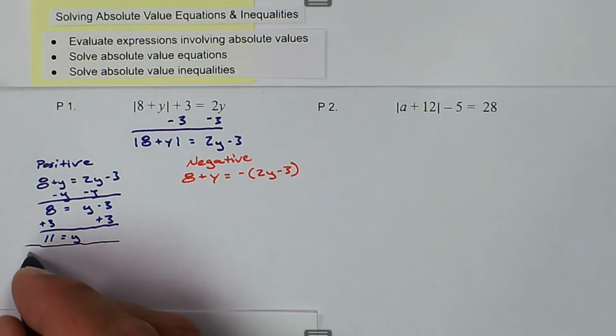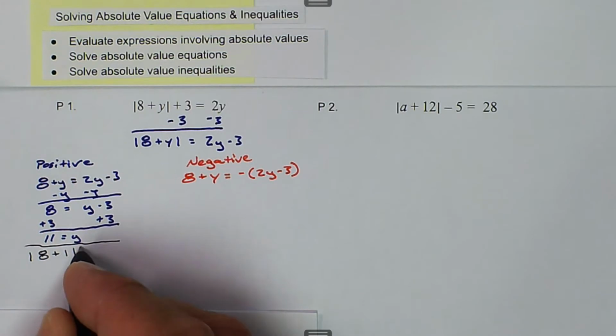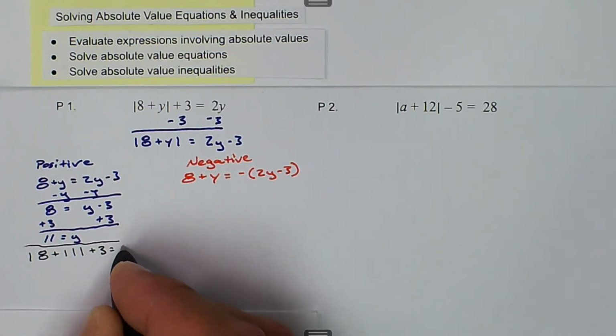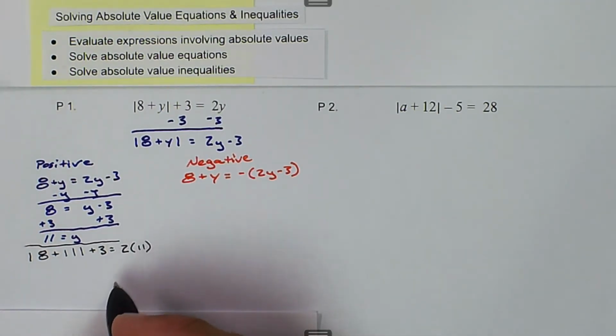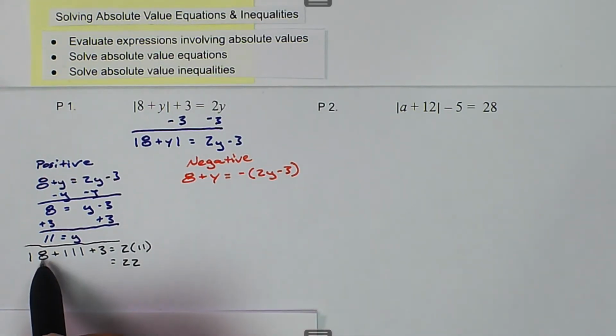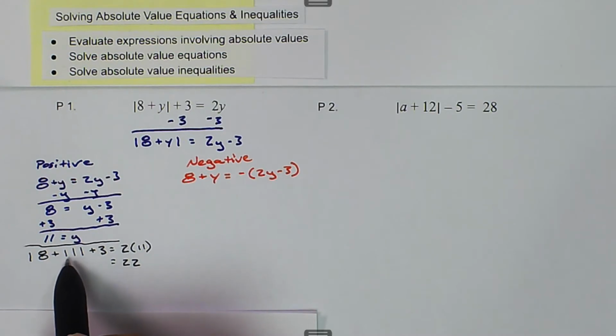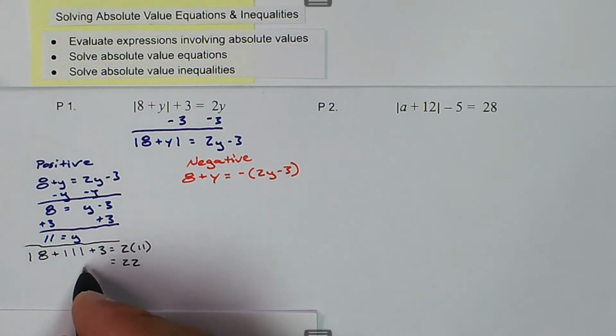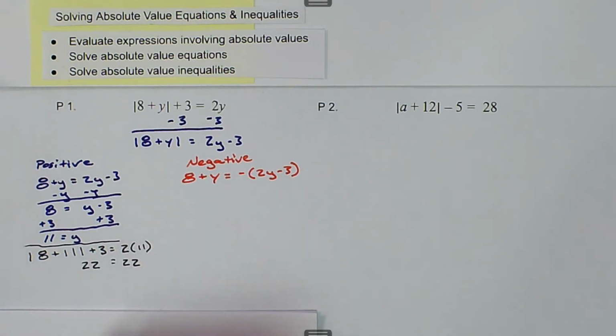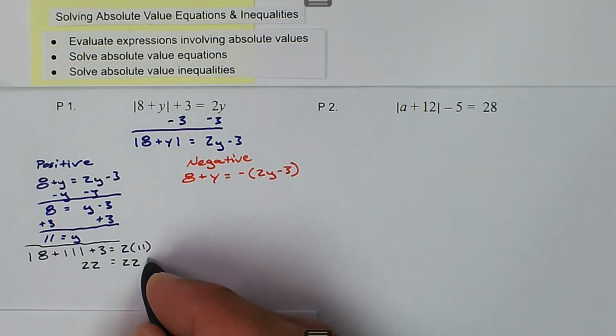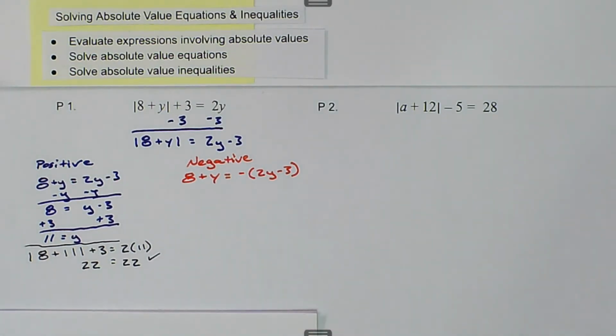So we have the absolute value of 8 plus 11, plus 3, is equal to 2 times 11. 2 times 11 is 22. 8 plus 11 is 19. And 19 plus 3 is 22. And so this does check. So 11 is a solution.